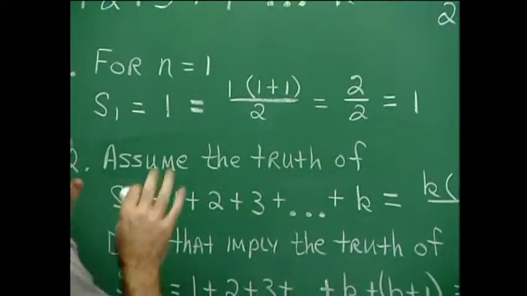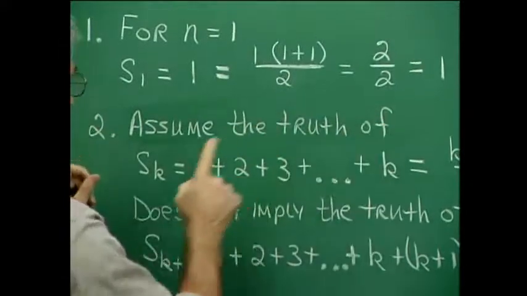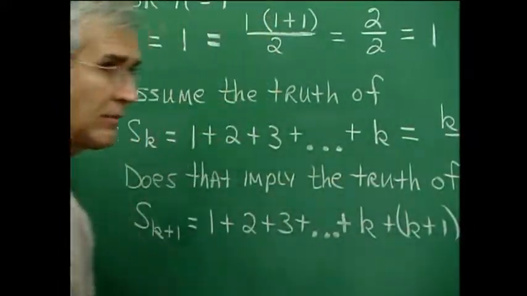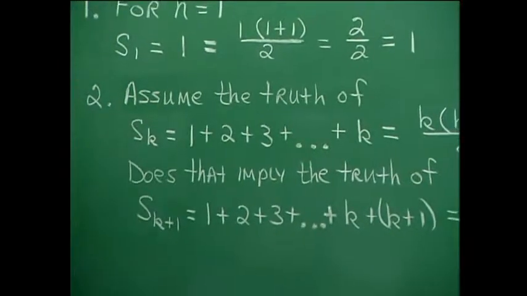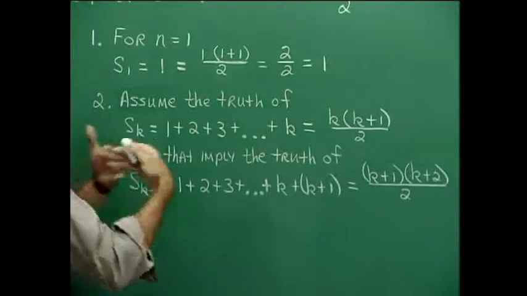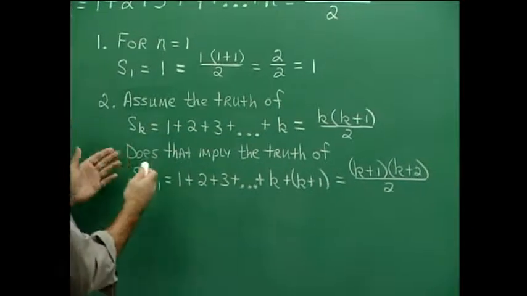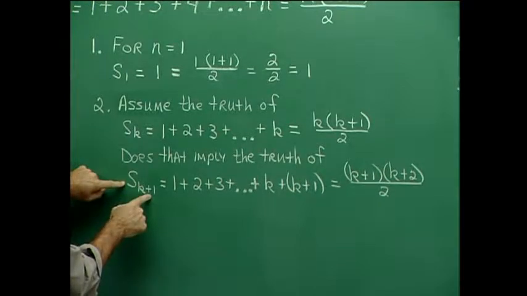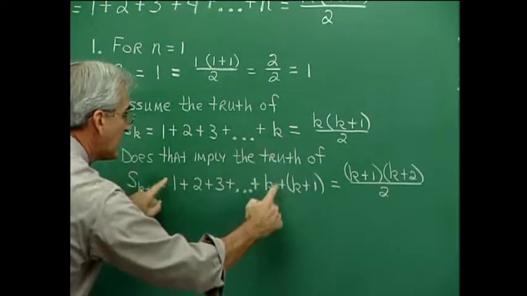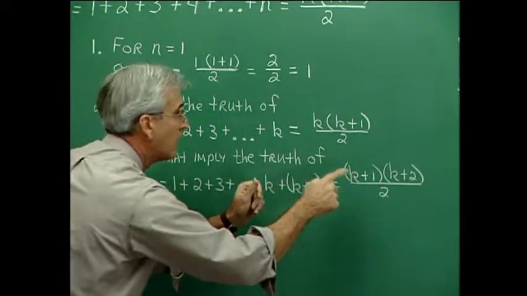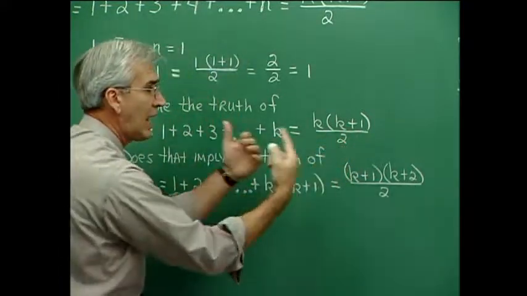Now, we then assume the truth that the sum of k items meets the pattern that we have in the conjecture. But does that imply the truth for the k plus 1th item? That is, is it therefore the truth that the sum of k plus 1 items, given by all of these plus the next item, is equal to this expression for the k plus 1th item?